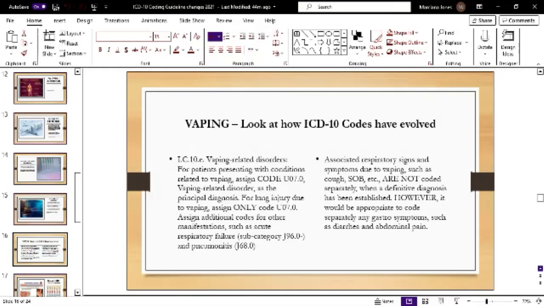So for patients presenting with conditions related to vaping, you're going to assign the code U07.0. Now, vaping-related disorder is the principal diagnosis. Again, I'll say it again. For patients who are coming in with conditions related to vaping, you're going to assign U07.0, which is the vaping-related disorder, as the first diagnosis, as the principal diagnosis.